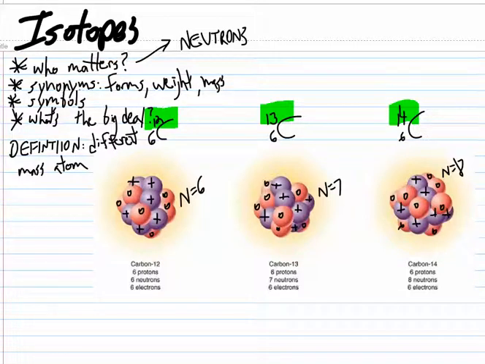The best one is probably forms, but they have different weights. They have different atomic masses. All right, so the atomic symbols are different. How are they different? They are different in the mass number. The proton number, however, stays the same. They all have 6, but you knew that already, okay?